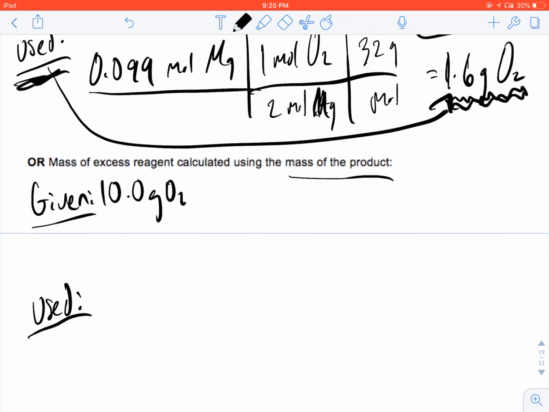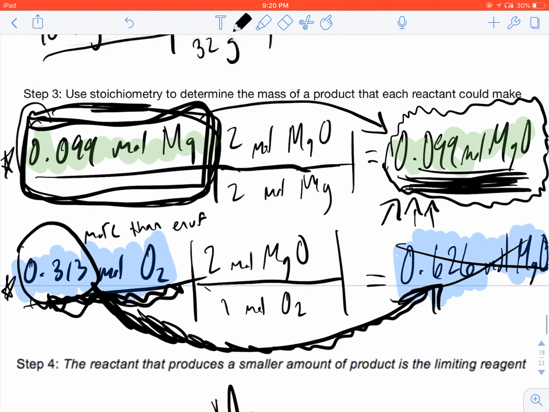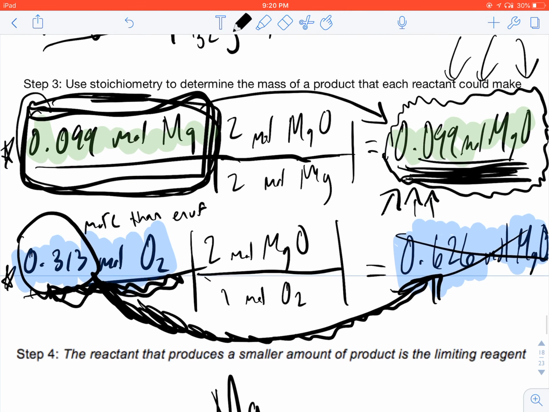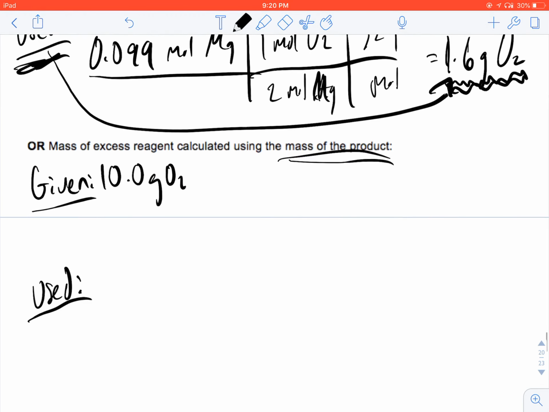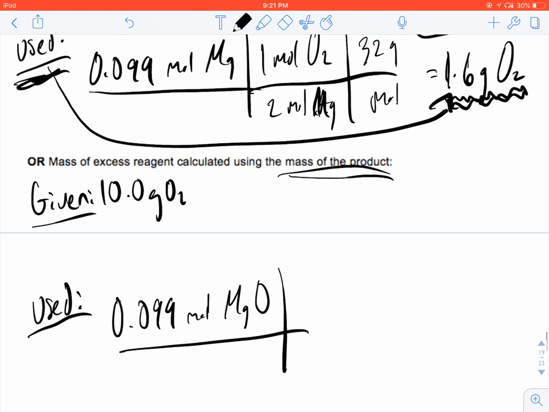So in this case, we're using the mass of the product. I know the moles of the product actually, which might be better for us. So we know we made 0.099 moles of magnesium oxide.